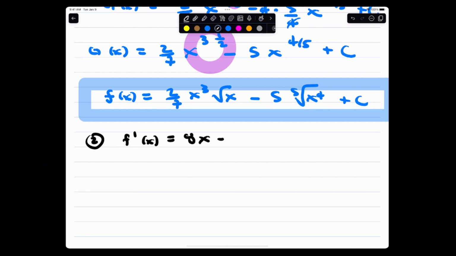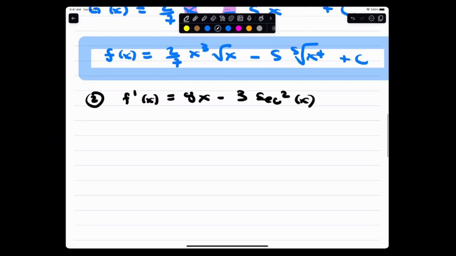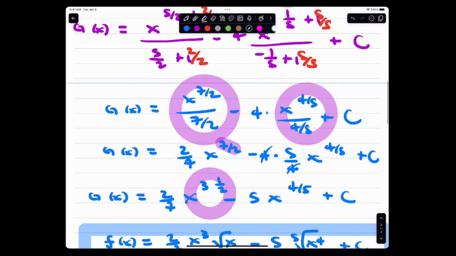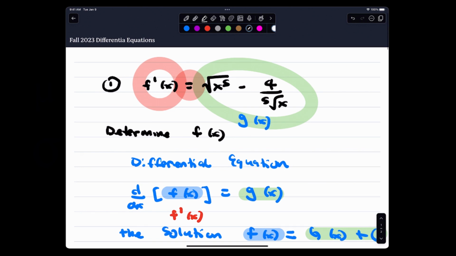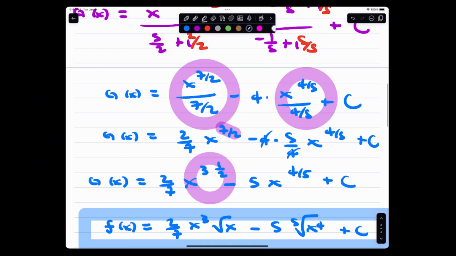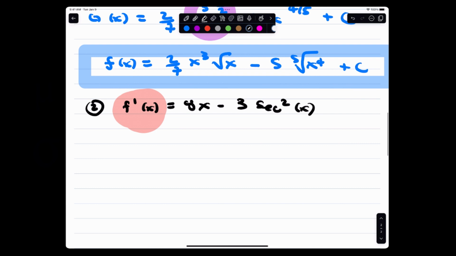8x minus 3 secant squared x. Here's the original function. Notice they gave you again a derivative, and they want you to find f. So in all of these examples, they want you to determine f.